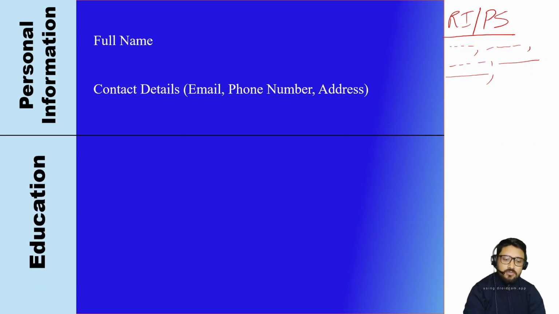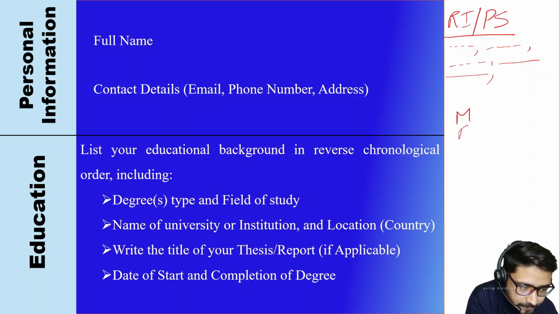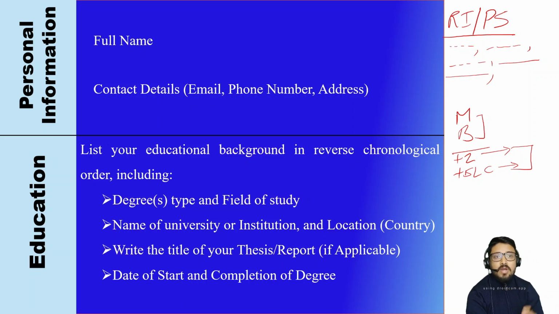Next is education. List your educational qualifications in reverse chronological order. That means starting with your most recent degree. First you will write masters, then bachelor's. Mostly if you have master's and bachelor's, no need to write +2 or SLC, the secondary or higher secondary school. Now what do we need to include?